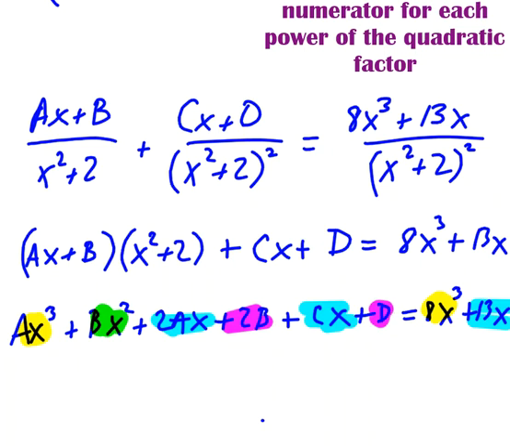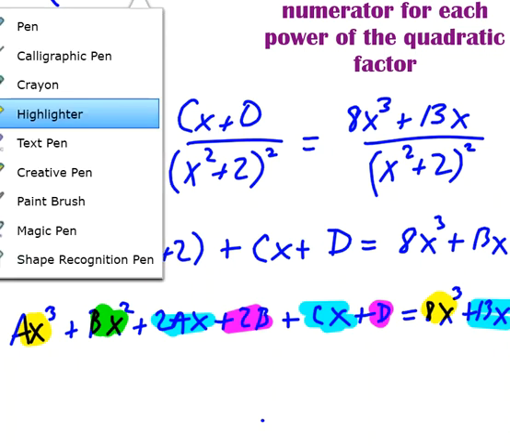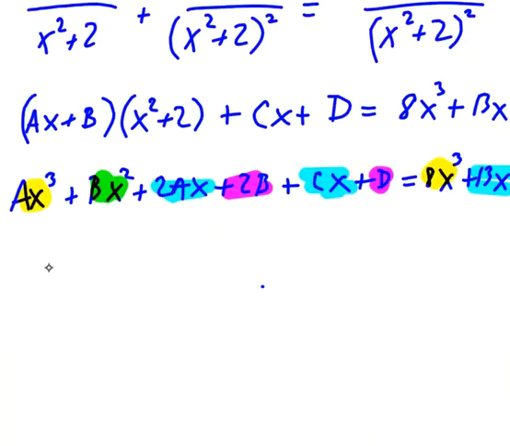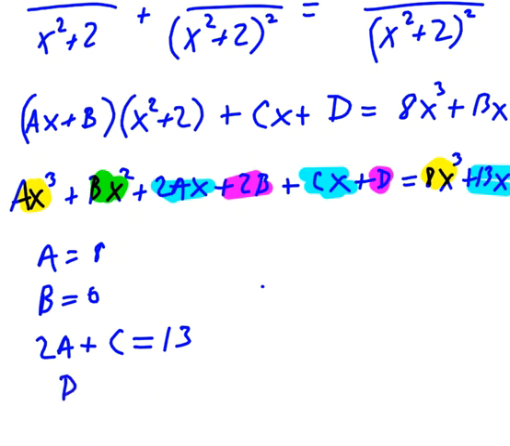So when I write my equations, I end up with A is equal to 8, B is equal to 0, 2A plus C is equal to 13, and 2B plus D is equal to 0.